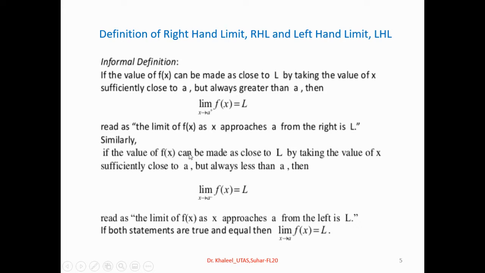If the value of f(x) can be made as close to L by taking the value of x sufficiently close to a but always less than a, then we say that the limit of f(x) as x tending to a minus is equal to L. So the limit of f(x) as x approaches a from the left is L. If both the statements are true, that means the limits exist and they are equal, then we say that the limit of f(x) as x tending to a is L, without positive or negative.